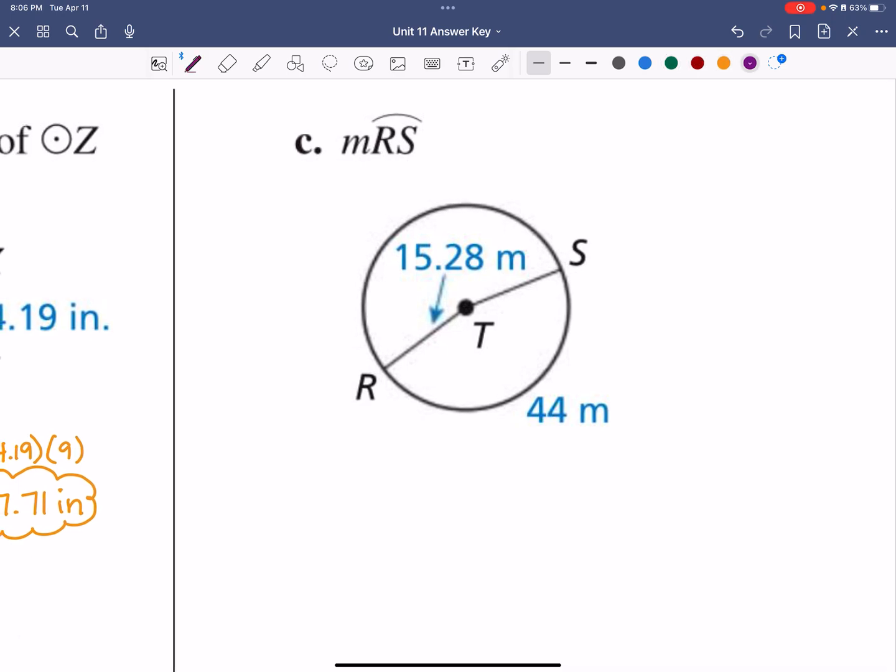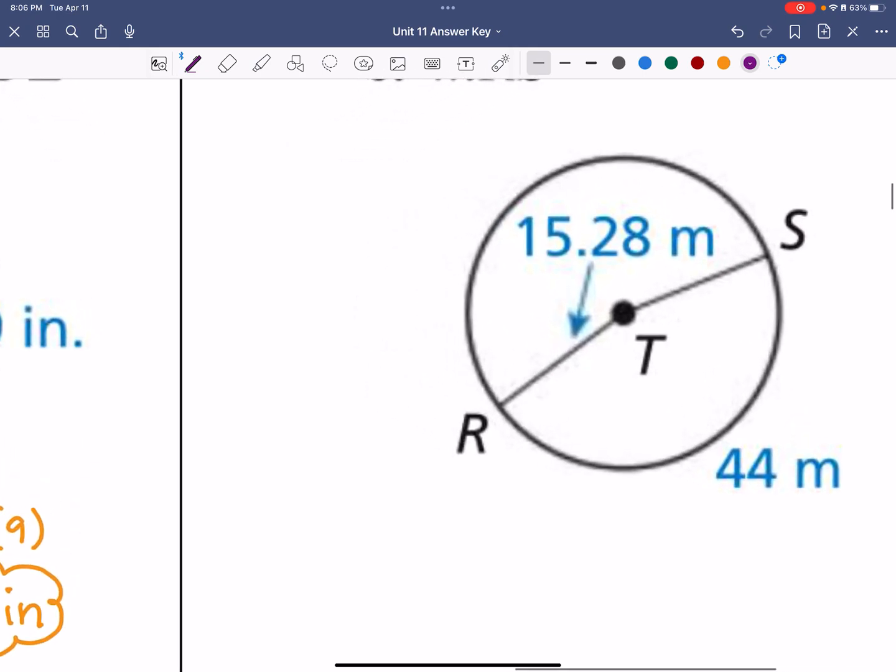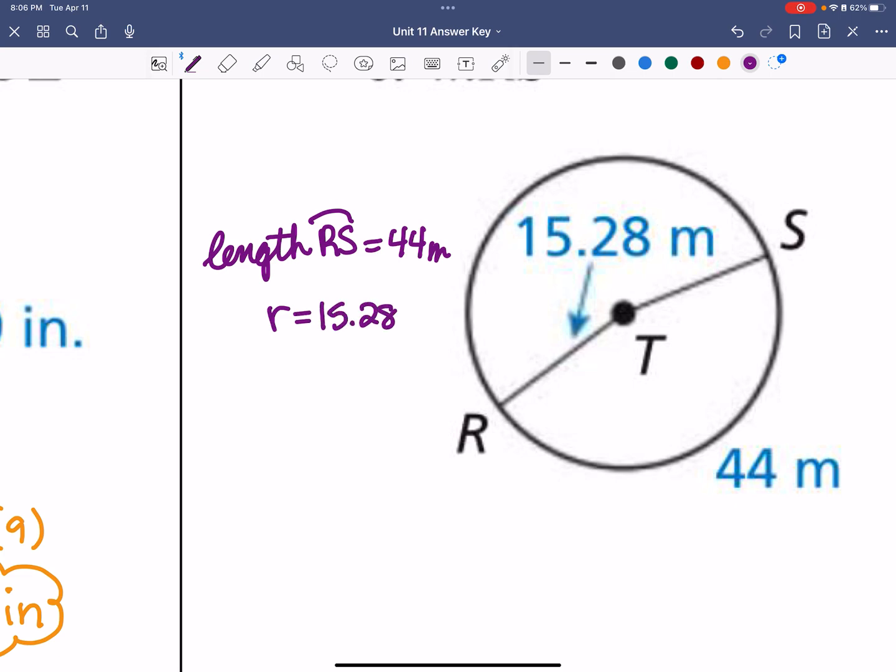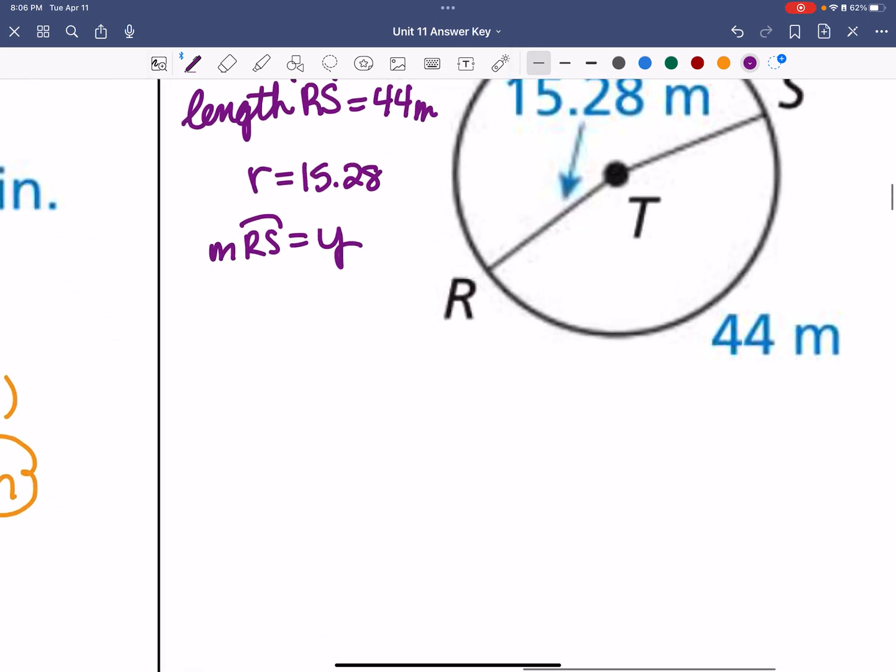So switching colors one more time, I'm going to find the measure of arc RS. That's going to be going with the length of RS, which we know is 44 meters. We know the radius is 15.28, but we don't know the measure of arc RS, and we're going to label that as y. So like I said, set up your proportion.